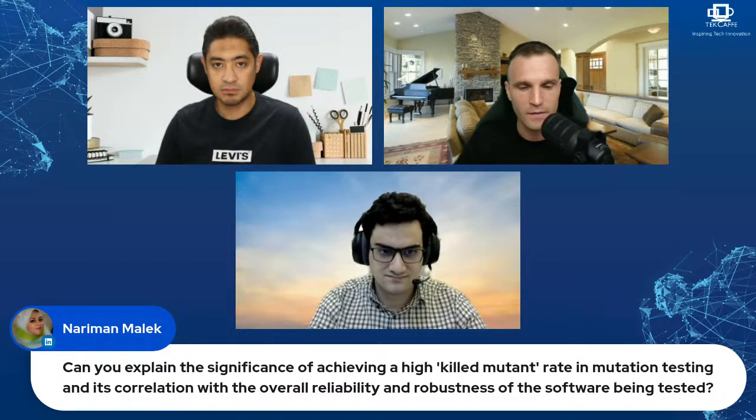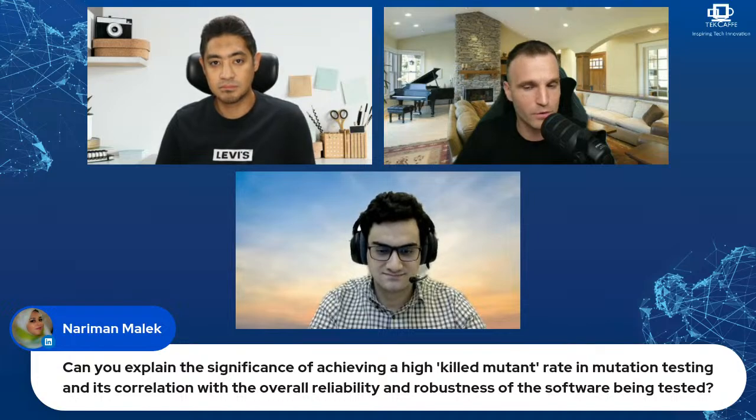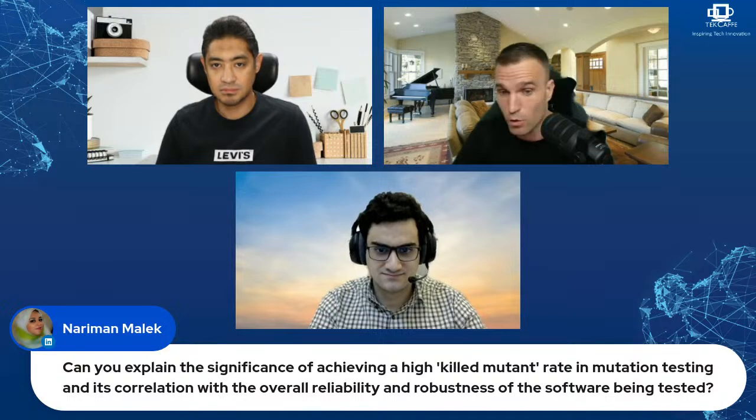On the other hand, for robustness, I don't think a high killed mutant rate correlates with it, because robustness is about, let's say, if you couple your tests to implementation details and you refactor your implementation, you get a failing test which fails because you refactored, not because you introduced a bug.